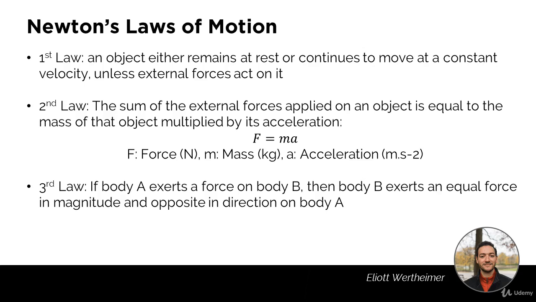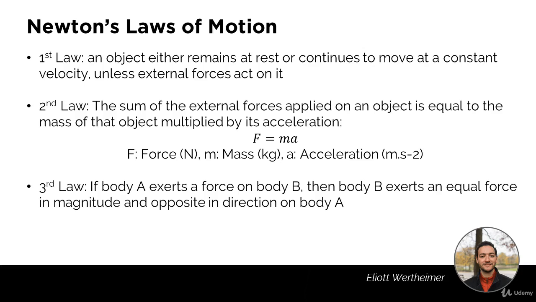The second law states that the sum of external forces applied on an object is equal to the mass of that object multiplied by its acceleration. F equals ma. So if you have an object whose mass you know, and you know its acceleration, you can know what force is applied on it.